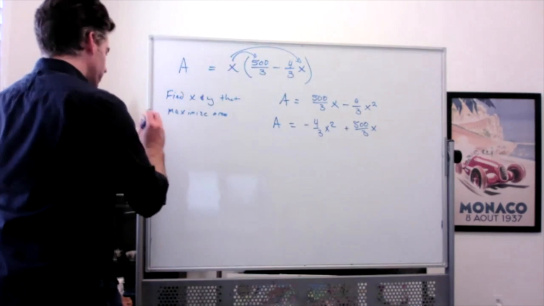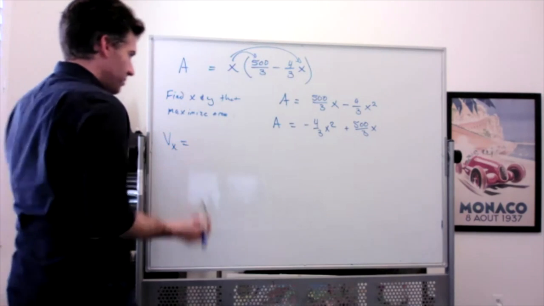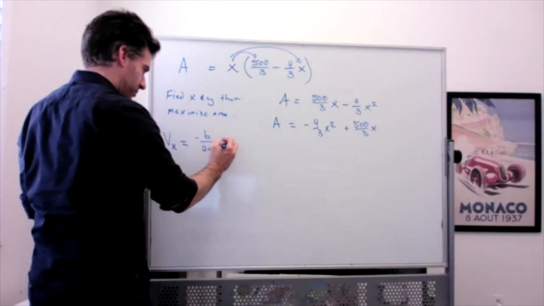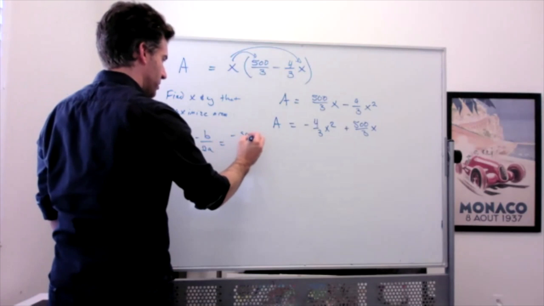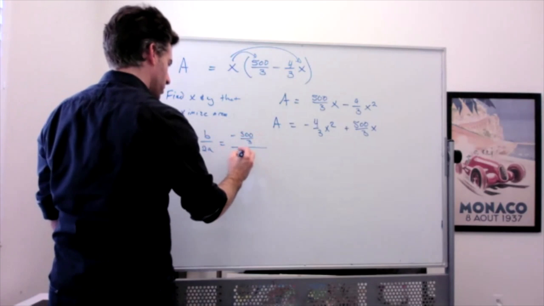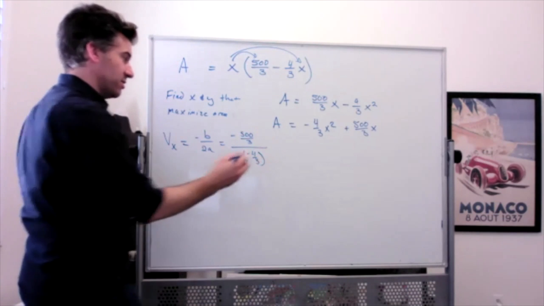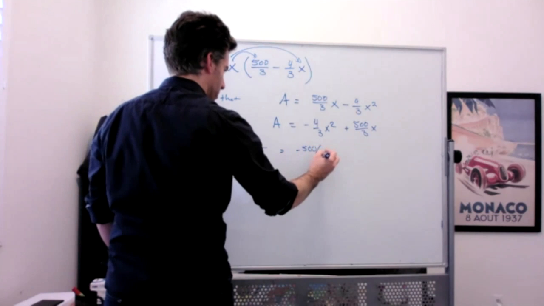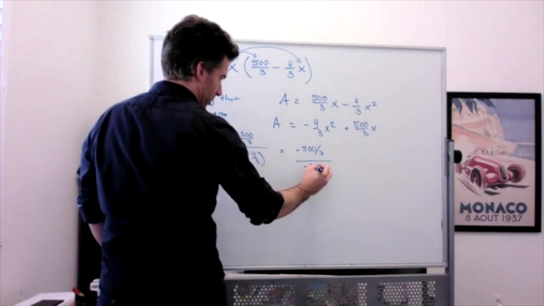So I'm going to find the x coordinate of the vertex. The x coordinate of the vertex is going to be negative b over 2a, which is going to be negative 500 thirds over 2 times negative 4 thirds. I'm going to simplify this. So this is negative 500 thirds divided by 2 times negative 4 thirds, which is negative 8 thirds.